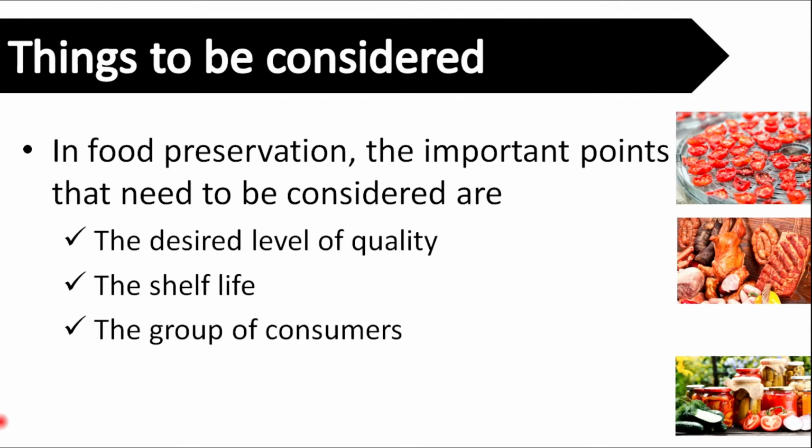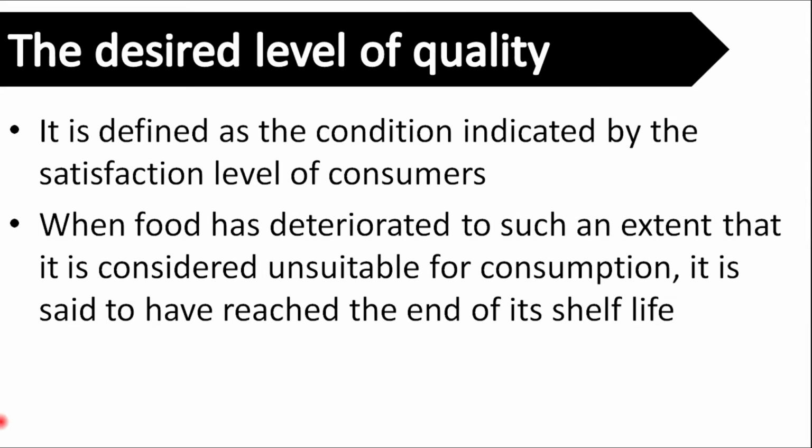During the food preservation process, it is important to consider the desired level of quality, the shelf life, and the group of consumers. The desired level of quality is important as it is the satisfaction level of consumers.